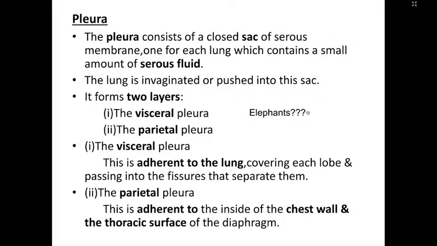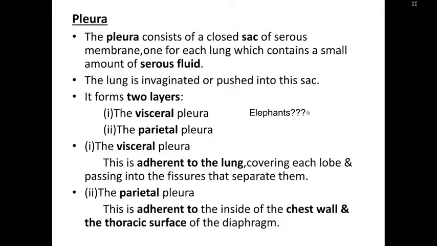Parietal. So whenever a child has some danger, so what do the parents do if the child is going to come under a car or something? Your mother or your father, they will just run without thinking of their life, and they will engulf you in their arms, isn't it? So that is parietal pleura.